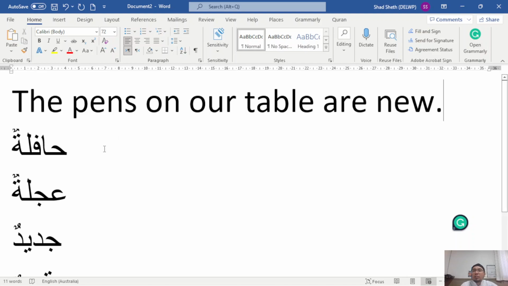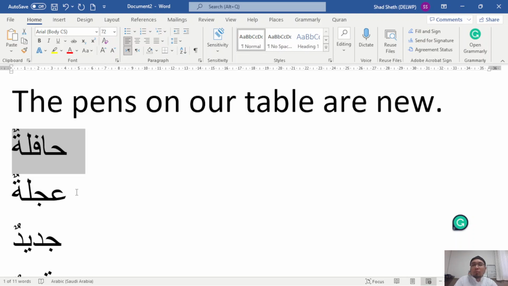Do it bit by bit. I think you guys are struggling because there's actually two parts. Aqlamun ala maktabina. Aqlamun ala maktabina jadidatun. In this case, I didn't say our tables, I just said our table. Let's assume that we all own the same table, so as not to complicate it.